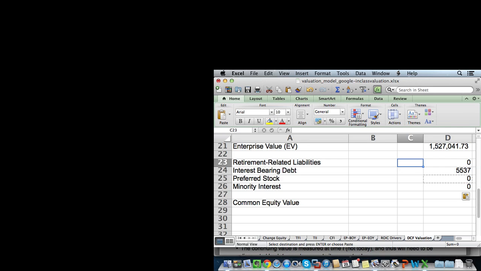But nonetheless, whatever they have outstanding, they have to pay off. And for the interest-bearing debt, again, that is a present value. It's the value of the debt. Now, where this gets a little bit tricky is if you have a distressed company, because if the debt doesn't trade at book value and it trades at a substantial discount to book value, then we might need to come here and adjust this number. Right? And if the company has hidden debt, think back to Home Depot.